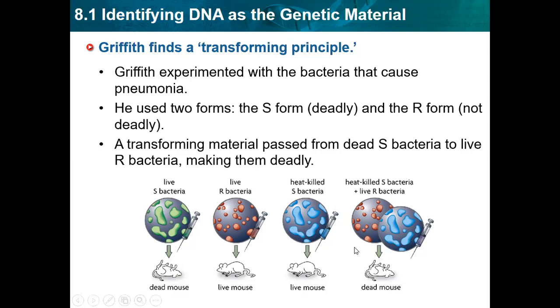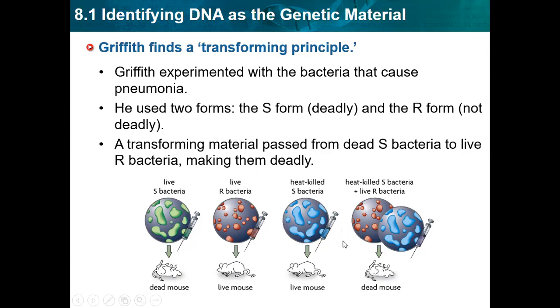This is quite strange. How would it be that the live R bacteria did not kill the mouse, and the heated S did not kill the mouse, yet combined with a non-deadly form, the mouse died?